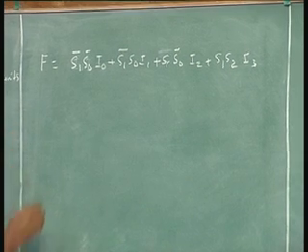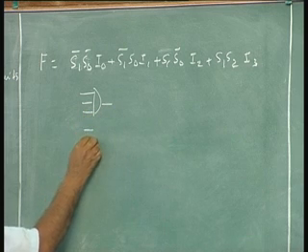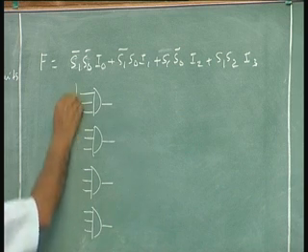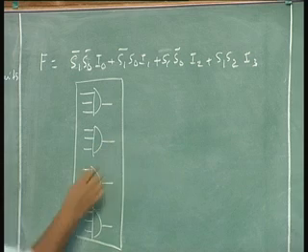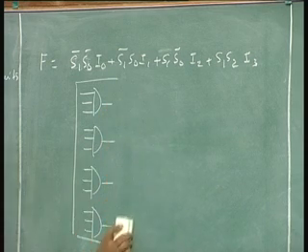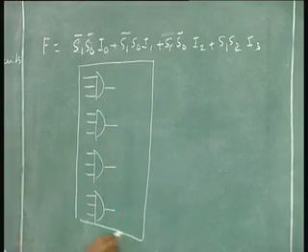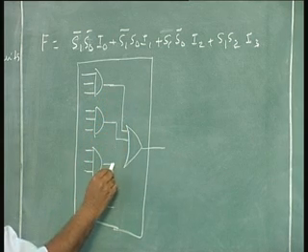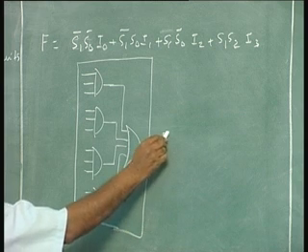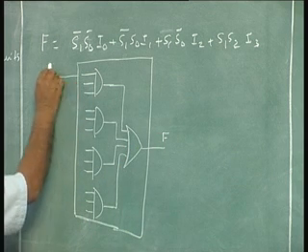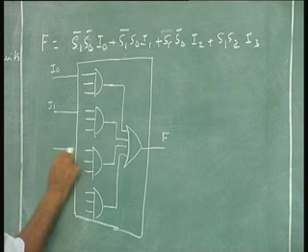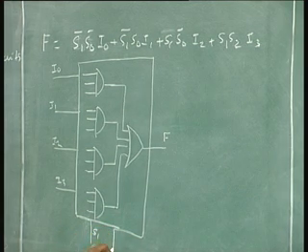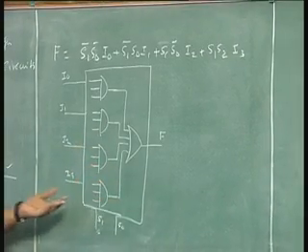So, I can have, for example, F. I am not showing all these connections, it will just clutter the drawing, you know what I mean.